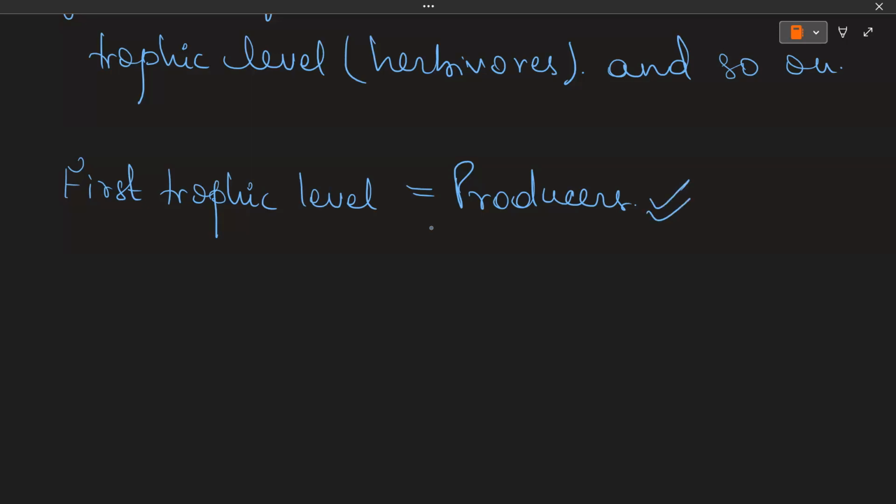So always remember that the first trophic level belongs to the producers. They are known as the members of the first trophic level. What if the producers are absent in nature? That is a very consequential question, because if the producers are not there in the world, then no one would survive.